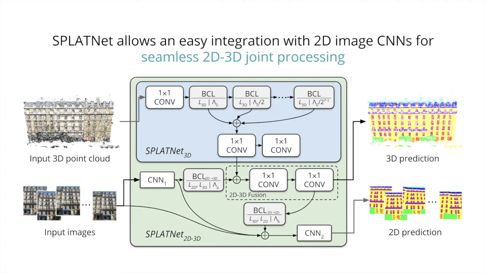Our joint model also outputs 2D predictions from fused 2D-3D features using another 2D image CNN. The whole network is end-to-end trainable. Details about each computational component can be found in our paper.